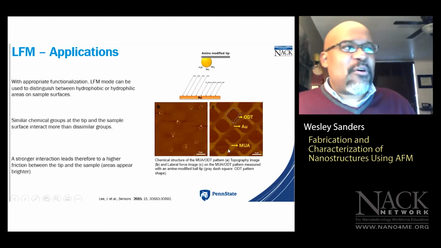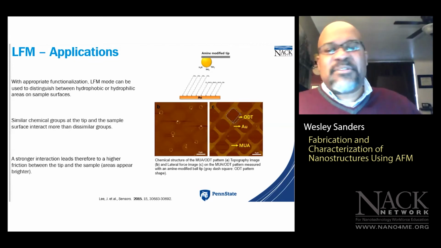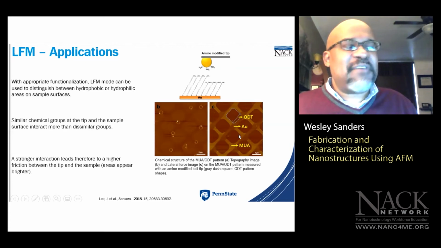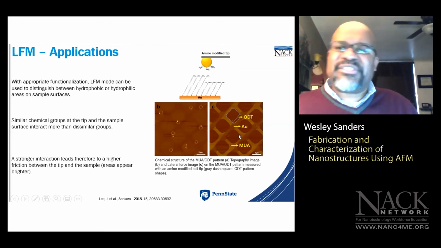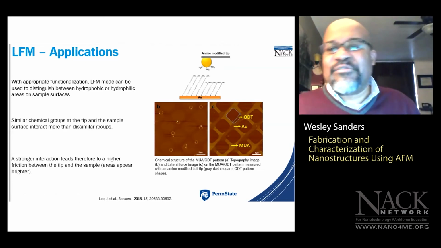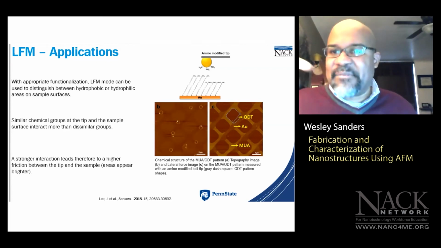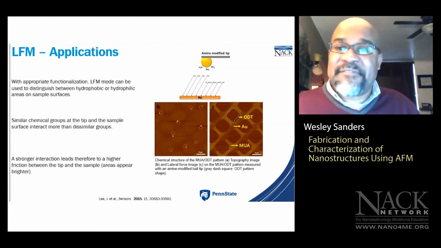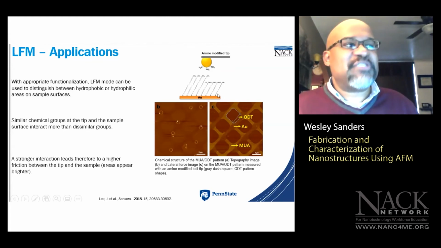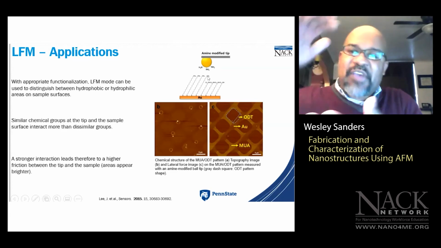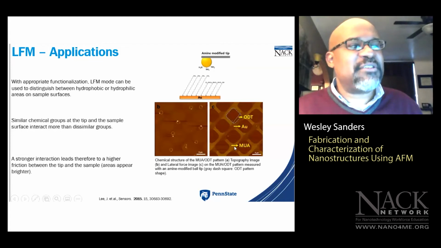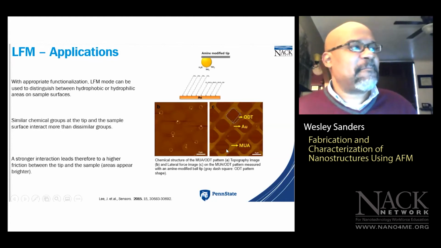So the reason I wanted to incorporate this particular slide in this presentation is to show you that you can use LFM not only to image patterns fabricated using the AFM tip, but you can also sense differences in chemical specificities along your sample surface using this technique also. Because if you have a greater interaction between your tip and the sample, that's going to generate higher friction, which will allow that particular region to appear brighter.